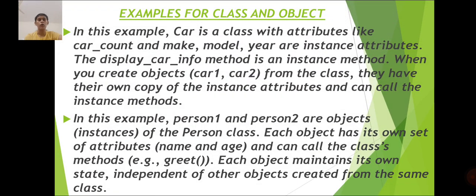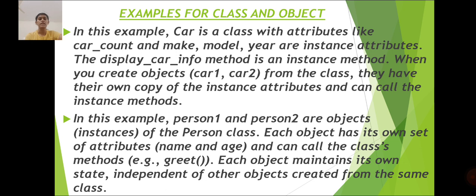Examples for the class and object. For the first example, Car is a class with attributes like car count, and make, model, year as instance attributes. The display car info method is an instance method. We create objects car1 and car2 from the class. They have their own copy of instance attributes and can call the instance methods.